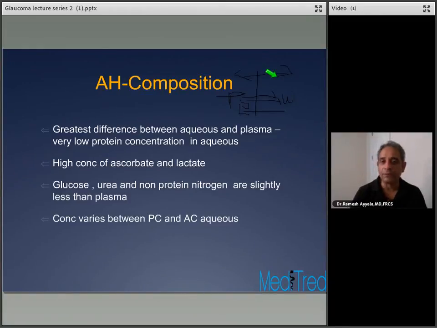That's the only way to explain why the concentration of certain things like ascorbic acid, ascorbate, is higher in the aqueous compared to plasma, right? And that's where the concept of active secretion came into play, just so you know.